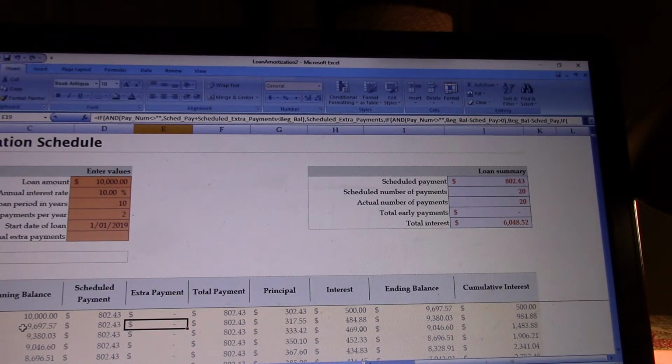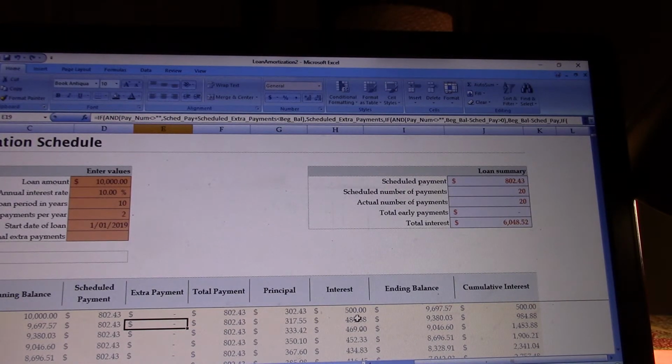Now your interest will be this beginning balance multiplied by 5% again. So 9,697.57 multiplied by 5% equals 484.88. Your payment is still the same fixed amount, so your principal will be the difference between these two.